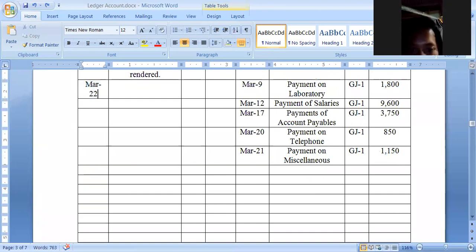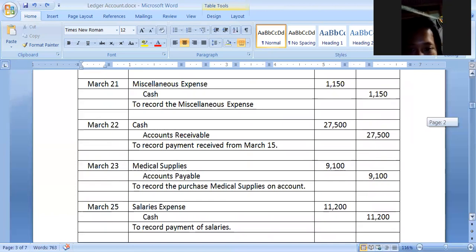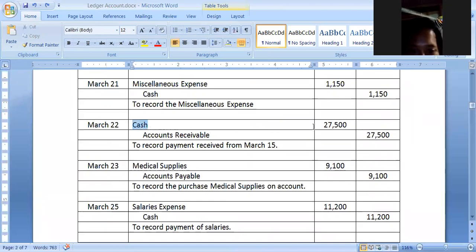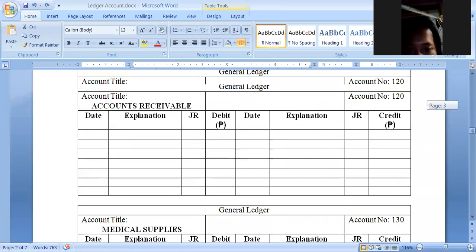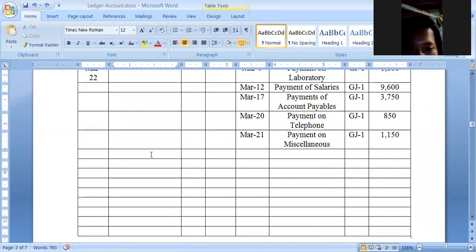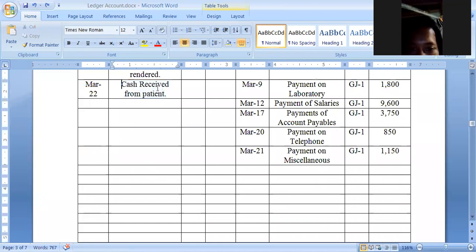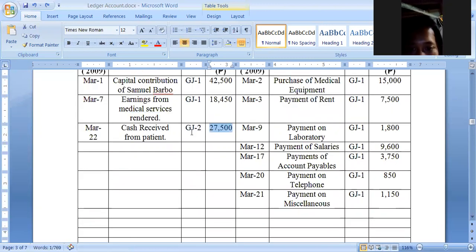March 22. Let's go back to journal entry. Our cash here is debited, which is 27,500. Cash received from patient. General journal, page 2. 27,500 is debited.